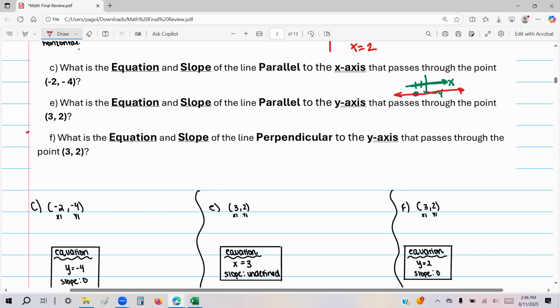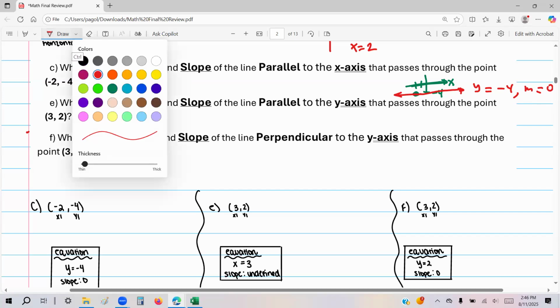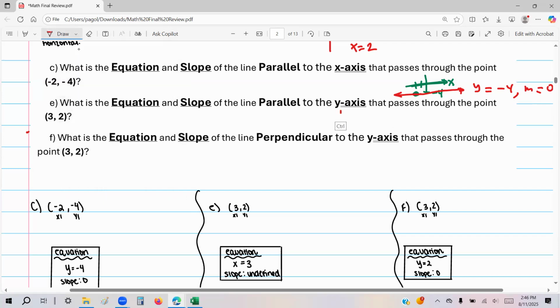What's the equation of this line? y equals -4. So what's the slope? 0. The slope of any horizontal line is 0. Next is parallel to the y-axis. So this is our y-axis. The point is (3, 2).